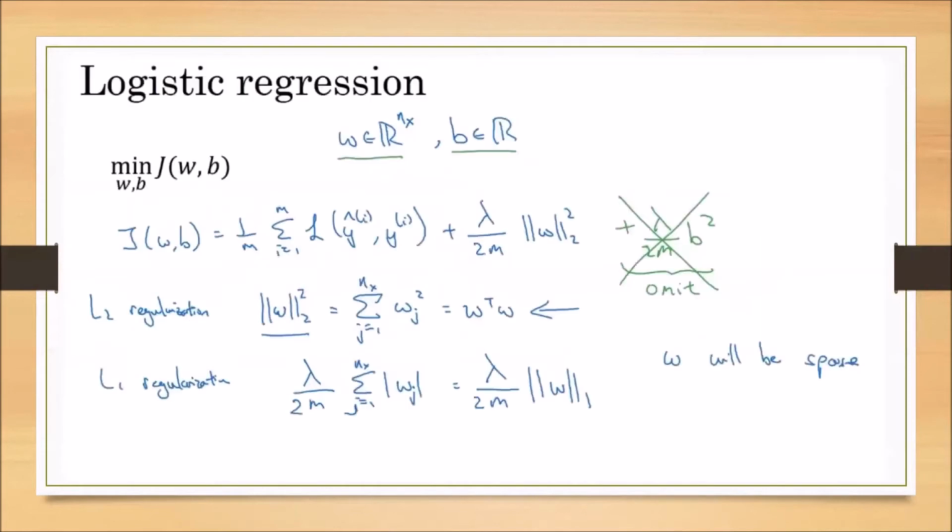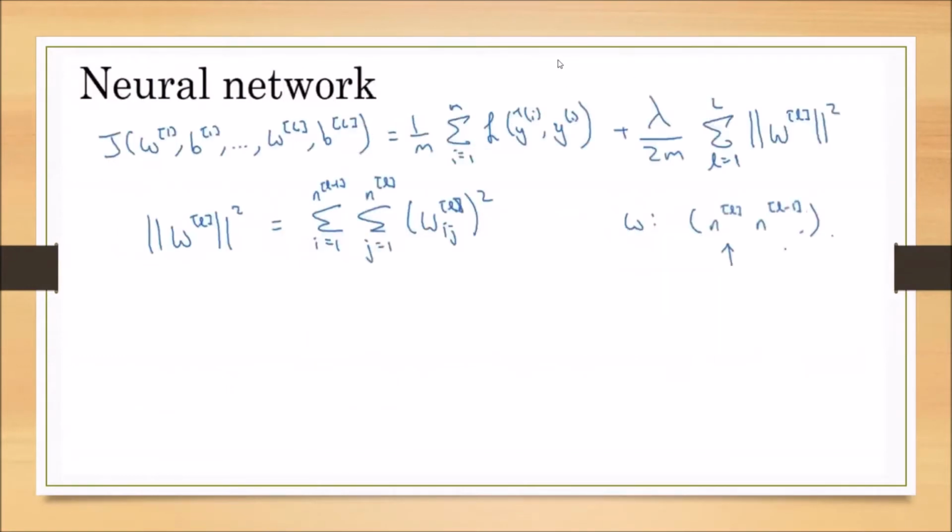In similar lines, we implement the regularization for neural networks also. In the neural network, we have taken the cost function. This has so many layers, so many parameter matrices W1, W2, and so on, WL. Here also we are adding lambda by 2m, normalization of WL square, which is the L2 regularization.